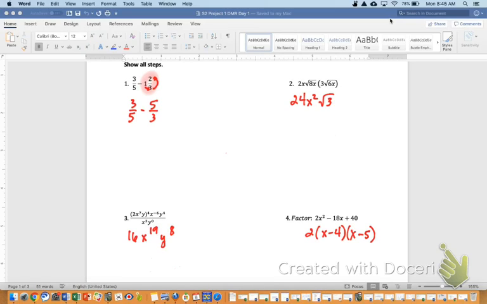We have different denominators, so we need to find the common denominator. What would that be, David? Davis, it is 15. How do you get that 15? You take the 3 and multiply by 3, and you take the 5 and multiply by 3. So I need to take this 5 and multiply by 3.